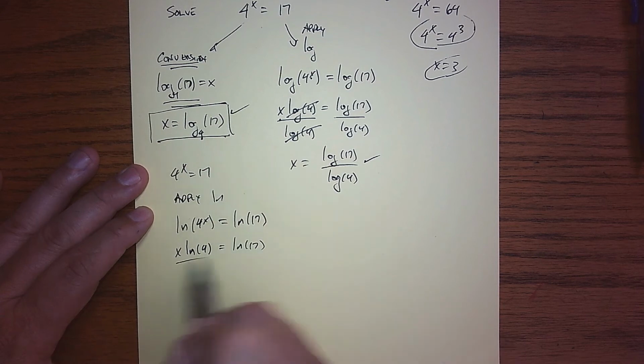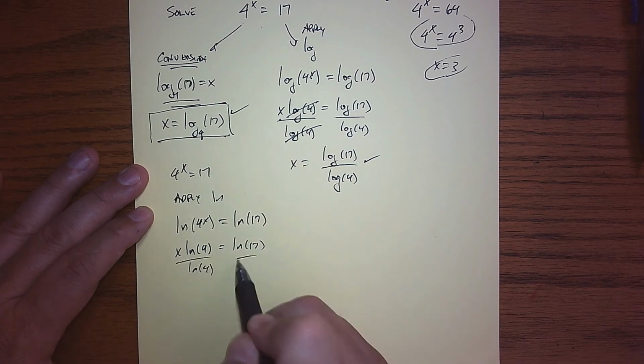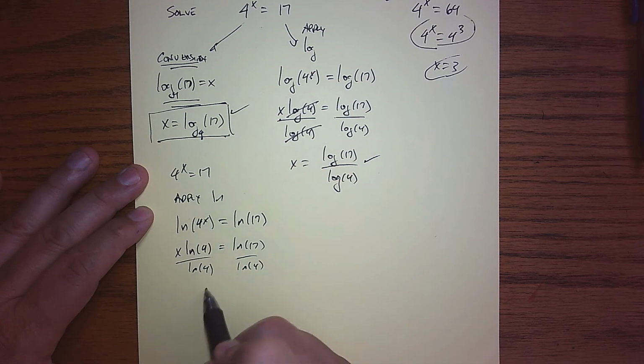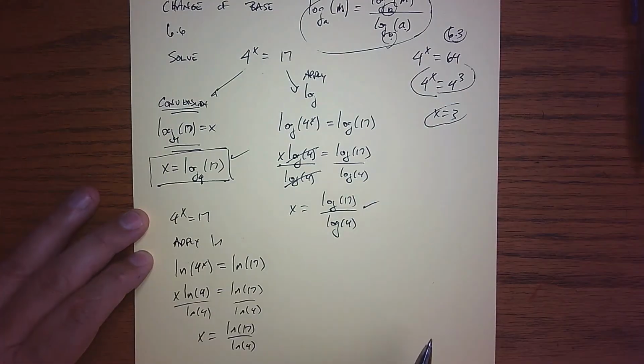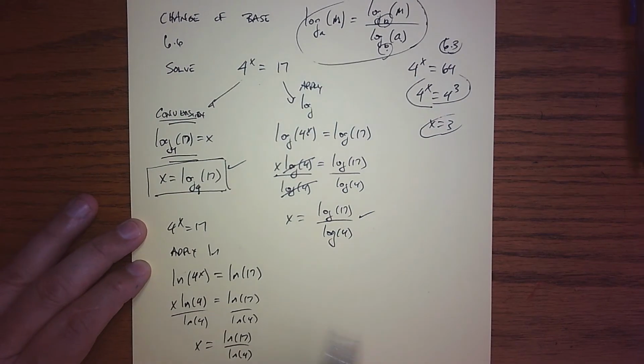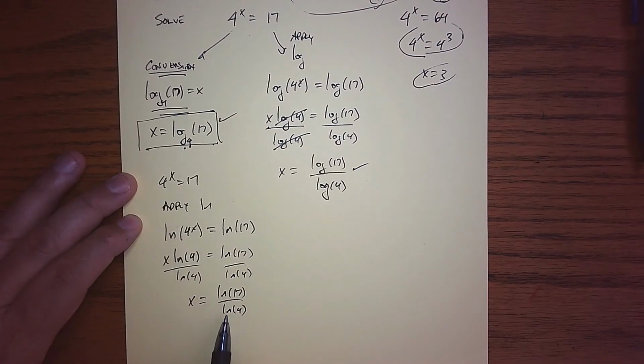To get x by itself, I'll divide by the natural log of 4. So we get x equals the natural log of 17 over the natural log of 4, which is basically what our change of base formula is telling us to do. If I have base 4, I can change it to base e. Just make sure you take the natural log of what we were taking the logarithm of, and then the new log of the old base.